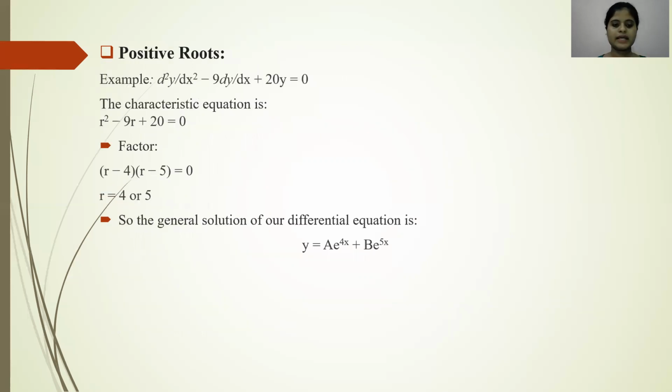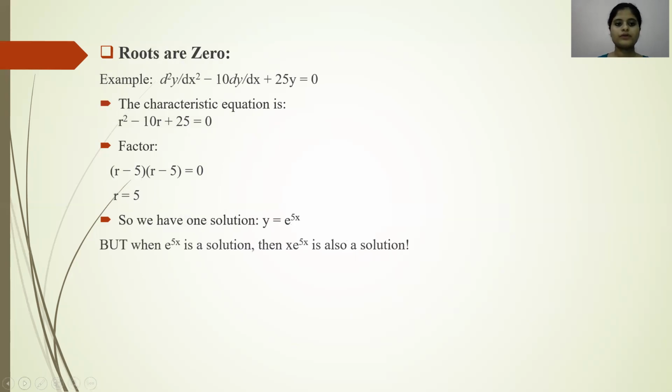Positive roots. Let us take an example to find the two real roots. The characteristic equation factors, giving the general solution of our differential equation. When the discriminant is 0, the characteristic equation is this. So we have only one solution, which is y equal to e to the power 5x.